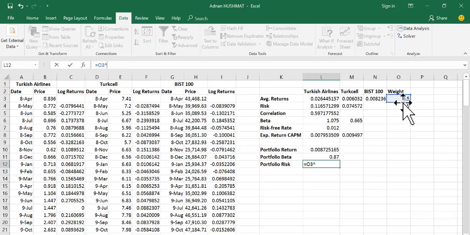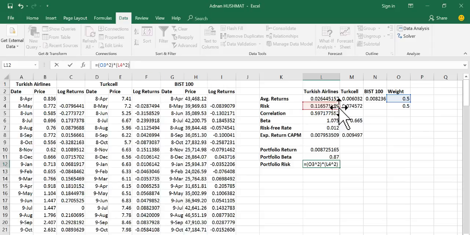So this is W1 squared, multiplied by sigma 1 squared.